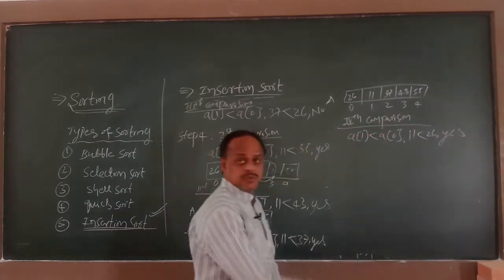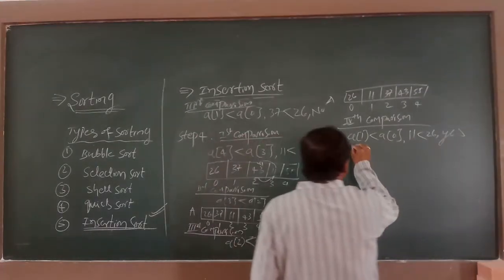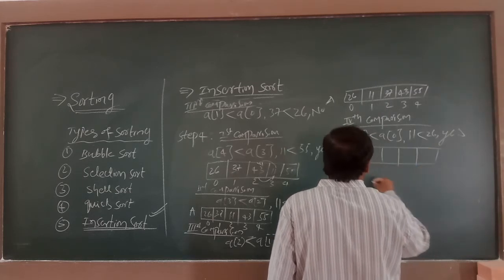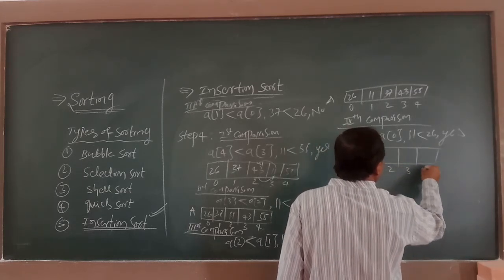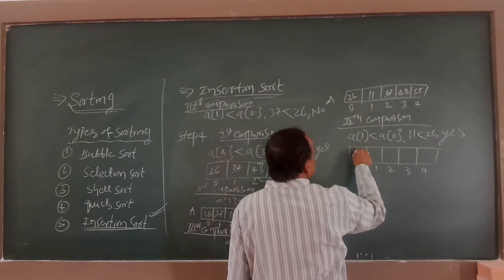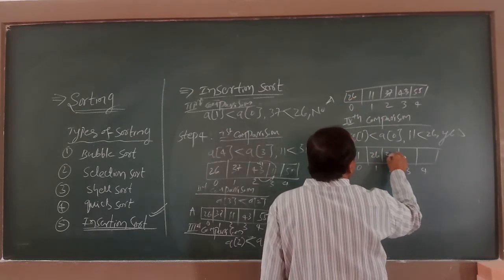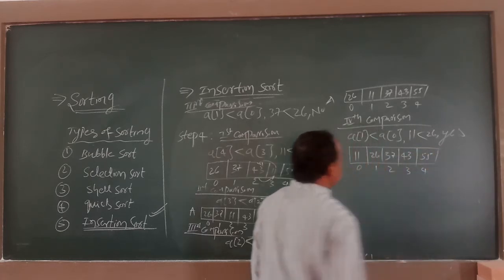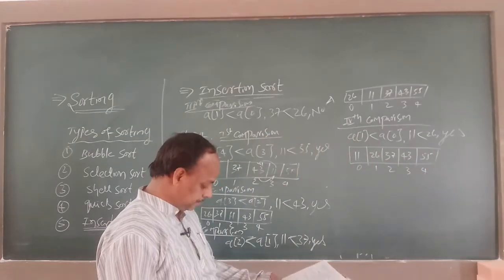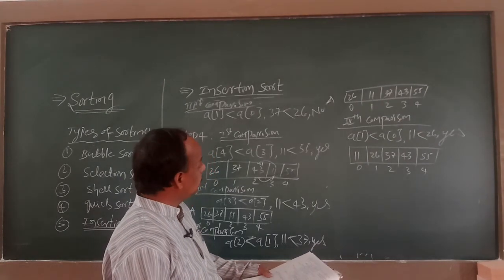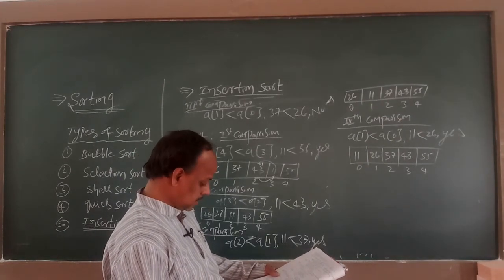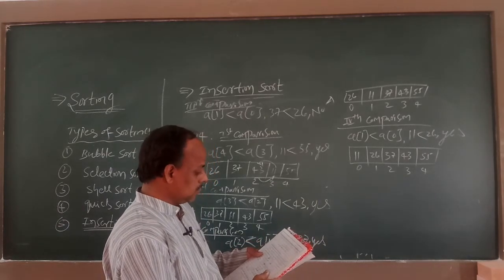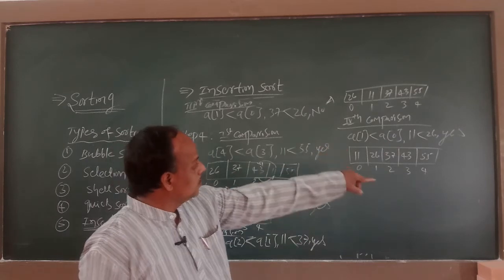Yes. Yes means we have to interchange. Then we get an array like this. Interchange means 11 comes here, 26 comes here, then 37, 43, 55. See here, now A of 1 is less than A of 0, that is 11 is less than 26.